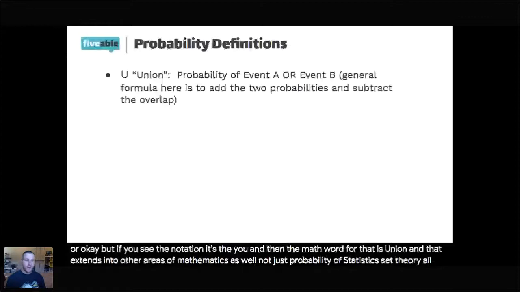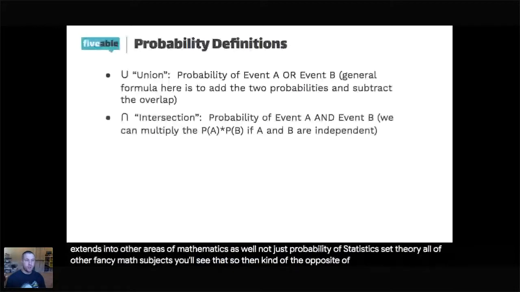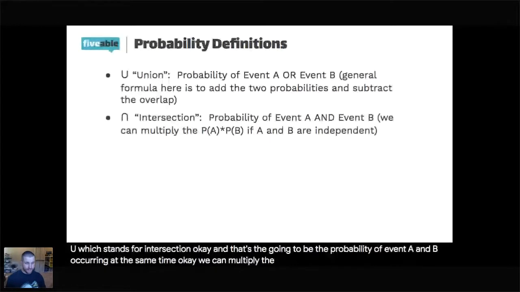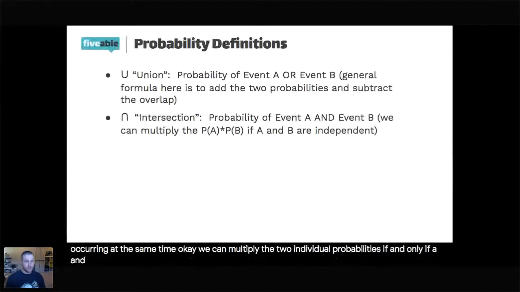So then kind of the opposite of that is the upside down U, which stands for intersection. And that's going to be the probability of event A and B occurring at the same time. We can multiply the two individual probabilities if and only if A and B are independent.